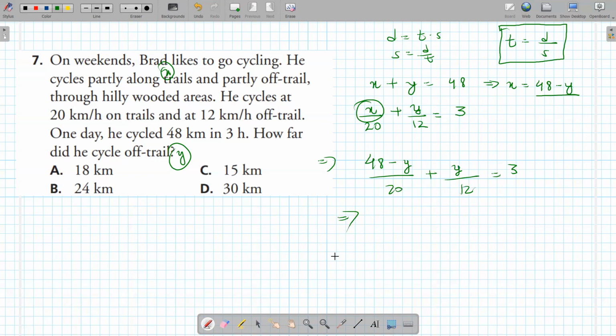What do you usually do when there are fractions? You find the common denominator. What's the common denominator between 20 and 12? It's going to be a multiple of 20.